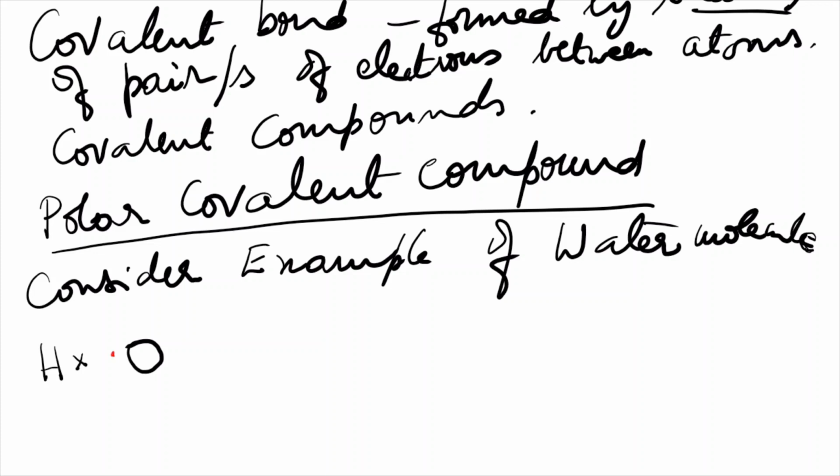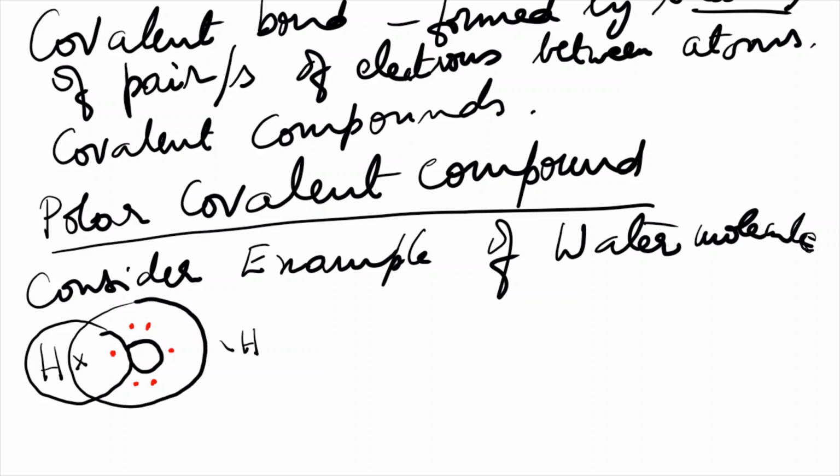So 6 electrons are in the outermost orbit. This way it shares one pair of electrons, forming one covalent bond with a hydrogen atom, and another with another hydrogen atom.